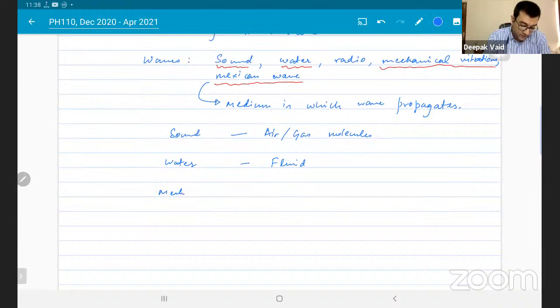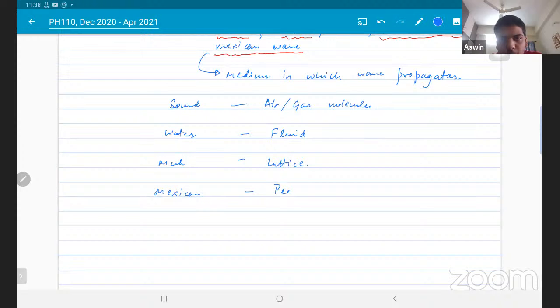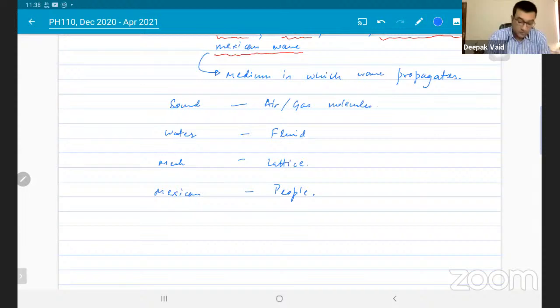For mechanical vibrations, you have a lattice of atoms, and that lattice vibrates. And in the Mexican wave, you have people doing something. So in all of these cases, you have a medium, and elements of that medium are oscillating, and those oscillations combine to give you a wave.